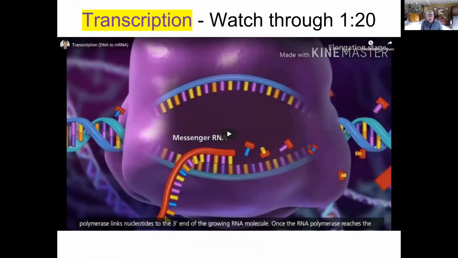I'm going to show you a very short video here on a process that occurs at the very beginning of protein synthesis. It's called transcription. And I'm going to walk you through some of the steps, but I'd like you to watch this video. You may need to watch it a couple times, but let's just sit back, watch the first minute and a half or so of this video, which will take you through the first step that cells undergo as they begin to construct proteins.